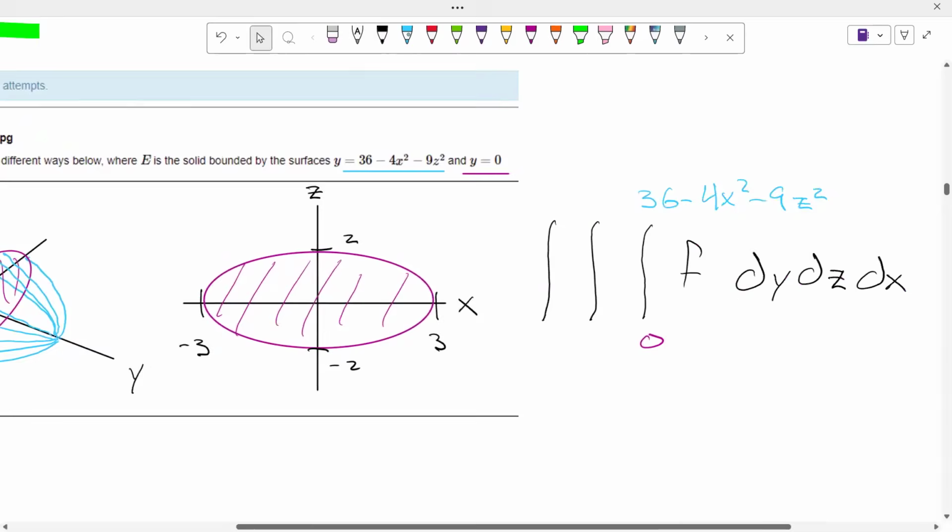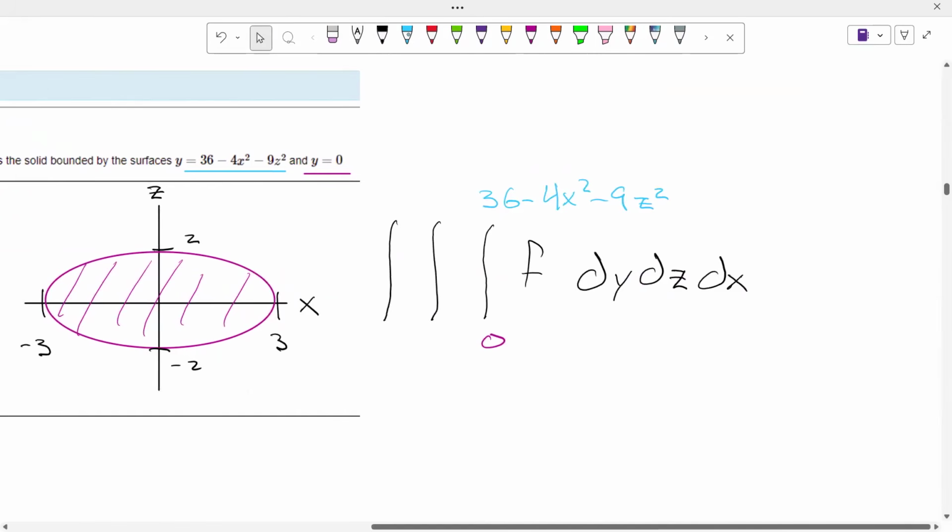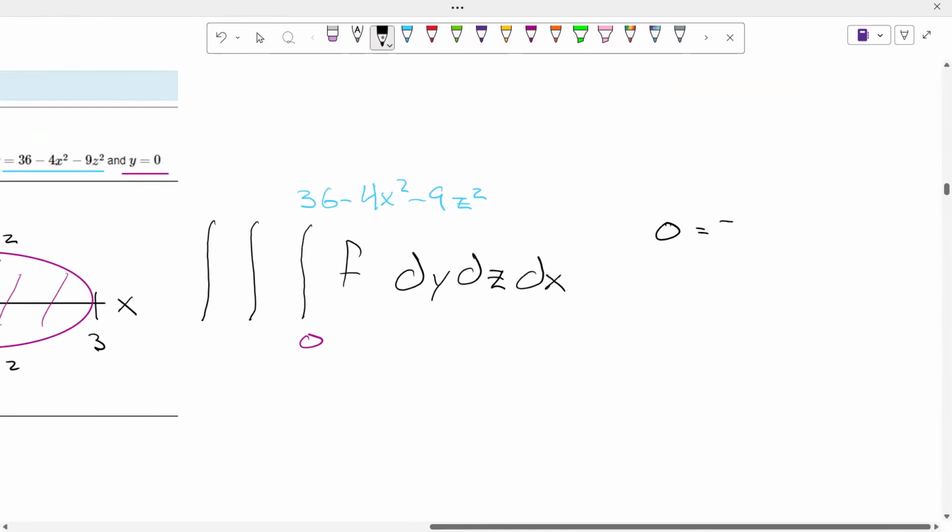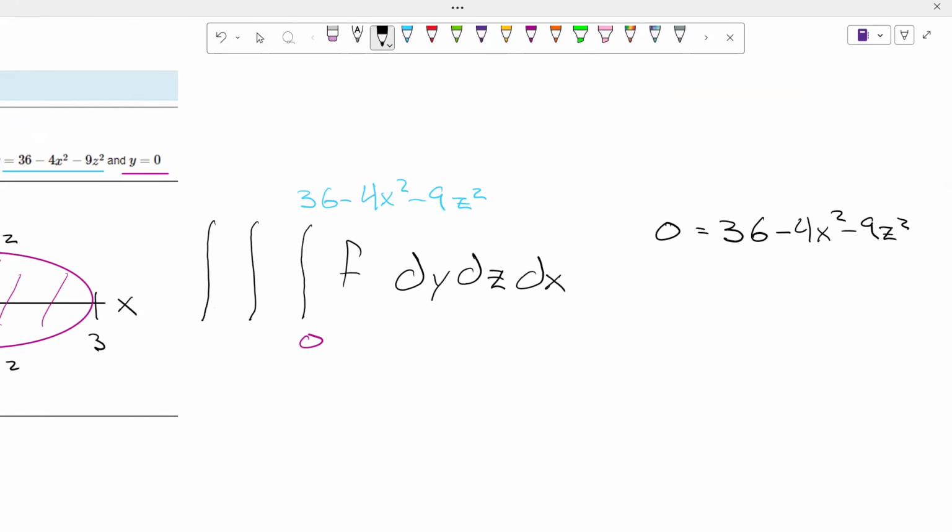And then let's just make sure we were supposed to do z second. So z, if we take that equation with y equal to 0 and solve it for z, so that's 0 equals 36 minus 4x squared minus 9z squared. We'll end up getting z squared is 36 minus 4x squared over 9.